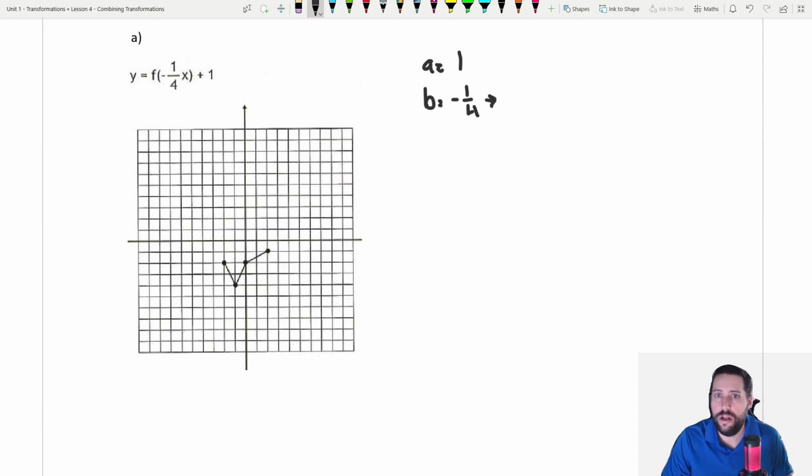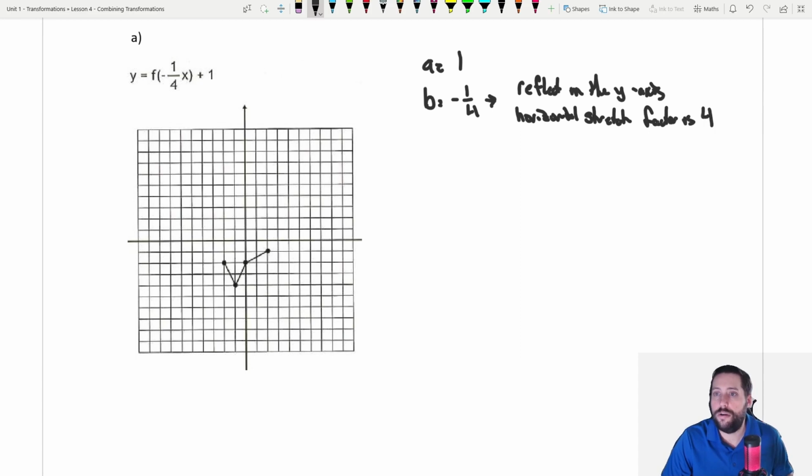So we will reflect in the y-axis, and the horizontal stretch factor is 4. That's what our mapping notation will be. H is 0 and k is 1. So we will move the graph up 1.